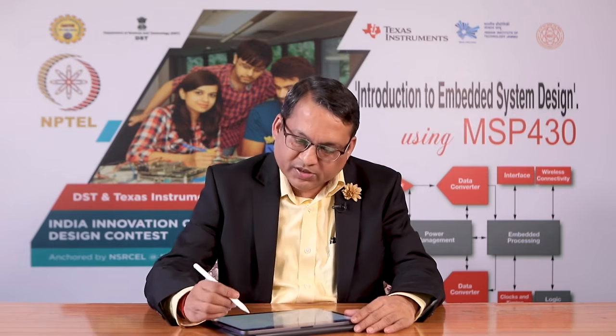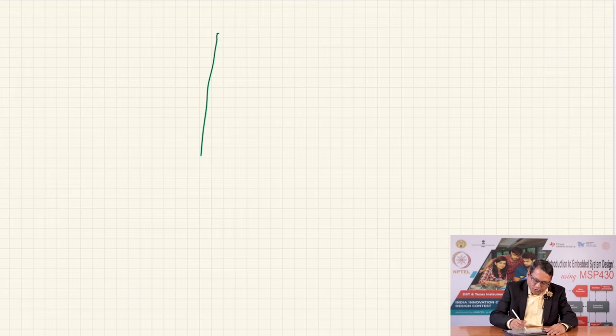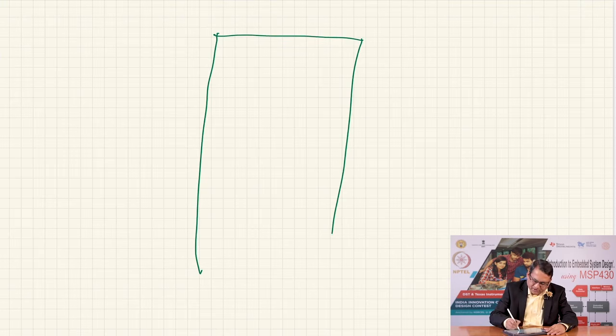In Harvard architecture, what happens? Now, instead of a unified memory bus, we have two memory maps. So, this is my processor. I put it in the center for a particular reason.